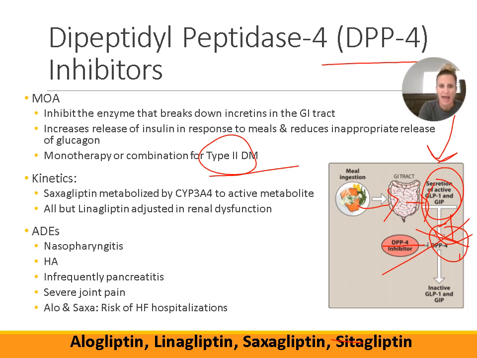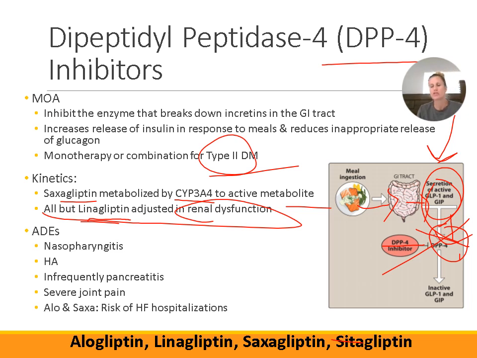Saxagliptin is metabolized by CYP3A4 to an active metabolite. So there are drug interactions that can come in there. All except for linagliptin must be adjusted in renal dysfunction. So in a patient with renal dysfunction, linagliptin would be the one that you do not have to adjust.